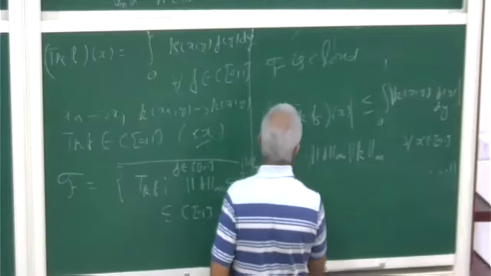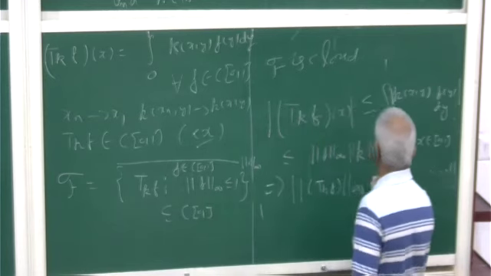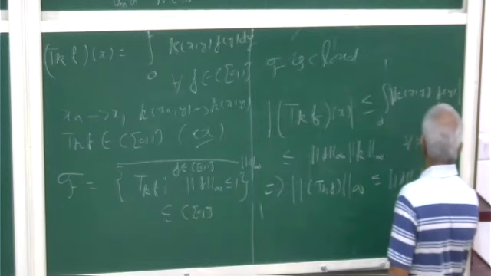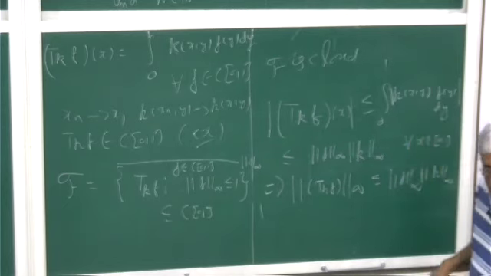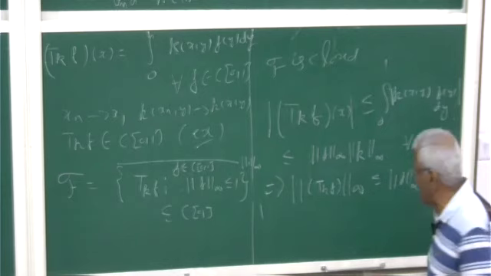So this implies the norm of TKF infinity is less than or equal to norm f infinity times norm k infinity. The definition is clearly written; if you have any confusion, you verify this thing.